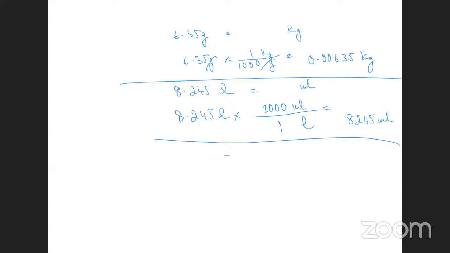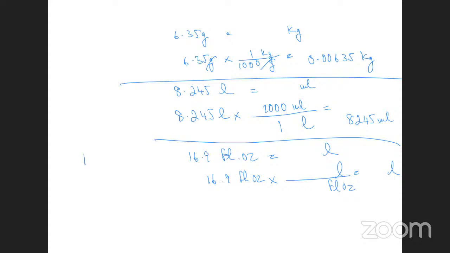The next one is a different unit, 16.9 fluid ounces to convert to liters. The same as before, times liters over fluid ounce. So we need to find how many liters there are in a fluid ounce.